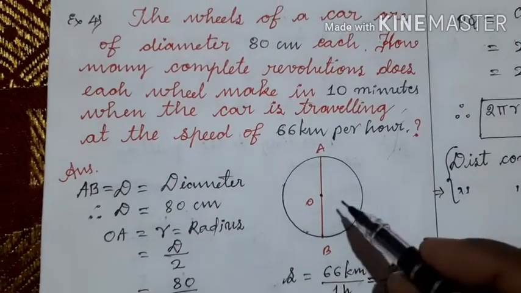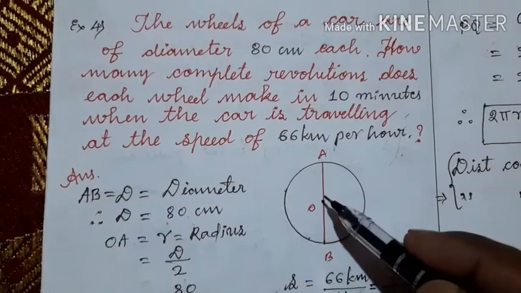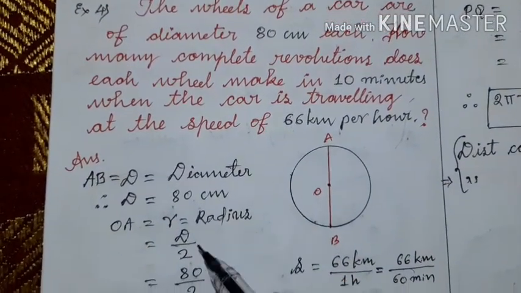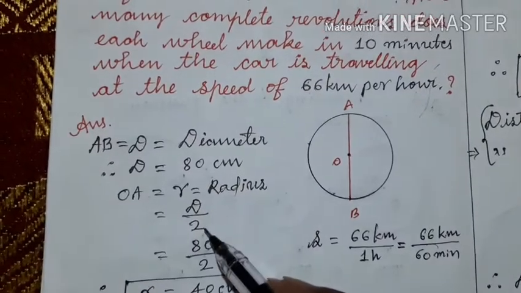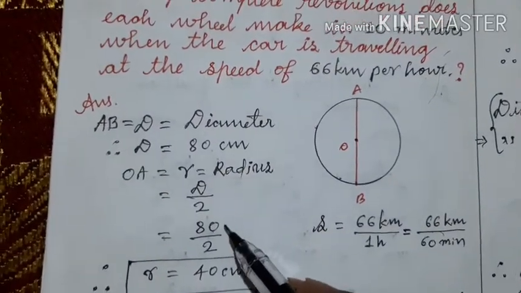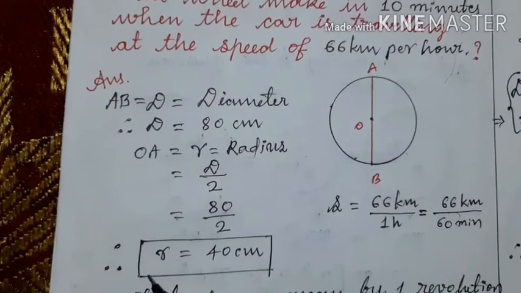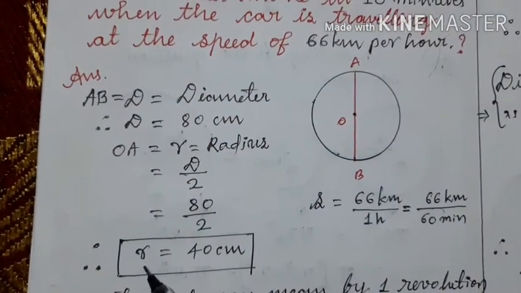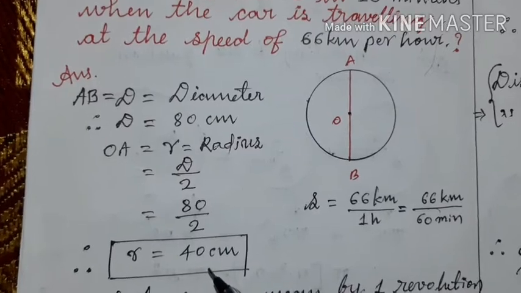Okay, and what will be OA? OA is equal to the radius of the wheel. Radius means diameter upon 2, half of the diameter. Therefore 80 by 2 is equal to 40 centimeter. That is the radius of the wheel of the car.